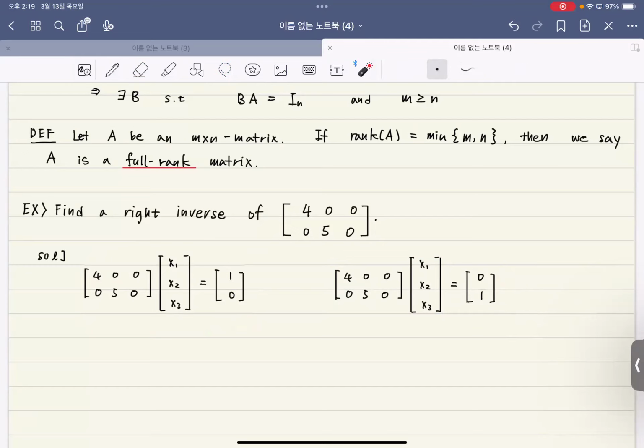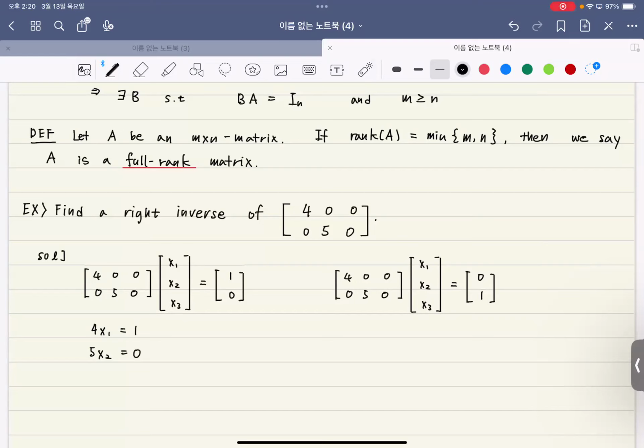And what is this? I have 2 equations and 3 variables, 3 unknowns. So the solution may not be unique, but it just suffices to find just one single solution. For x1 is 1 and 5x2 equals to 0, and there is no such condition for x3.